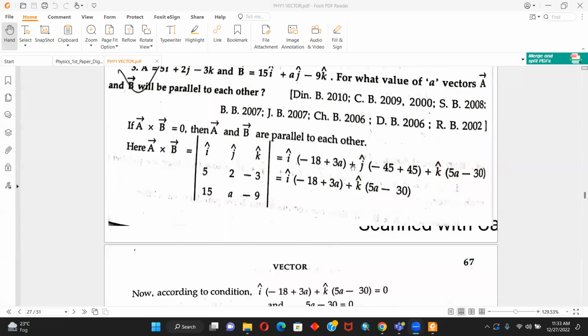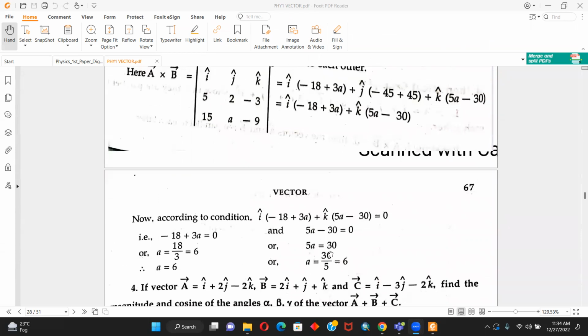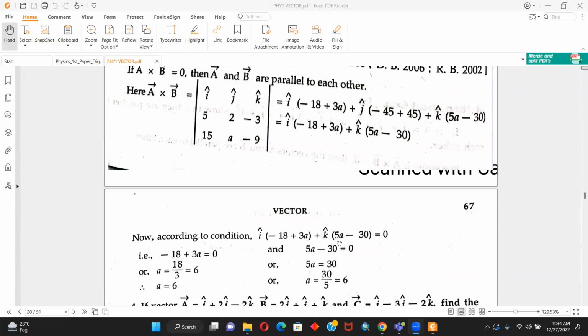This will be your homework, to try with the cross product. If you did it with the cross product, then you shouldn't be getting plus minus 6. For the null vector, I got -a minus 3a is equal to 0, or 5a minus 30 equals 0.